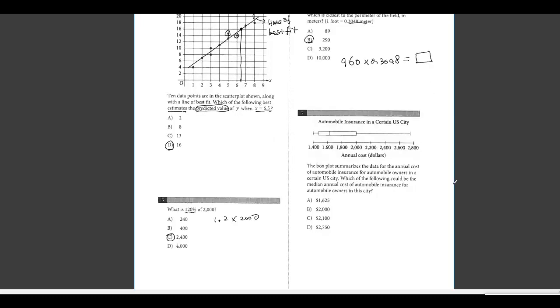Okay, number 7. This is a box and whisker plot, right? So where are the questions? Median number. This is the middle number, right? In the box, the middle line gives us the median number. That is 1625.